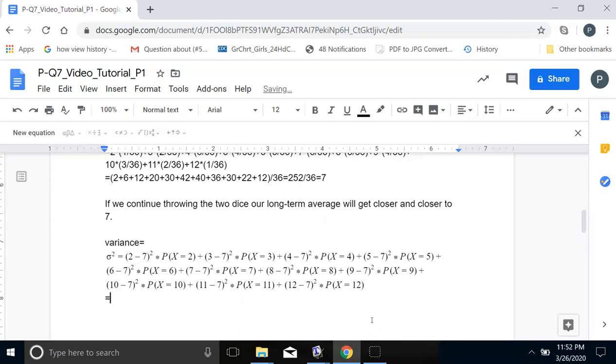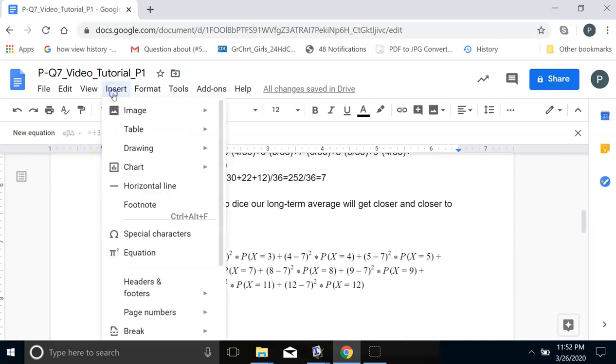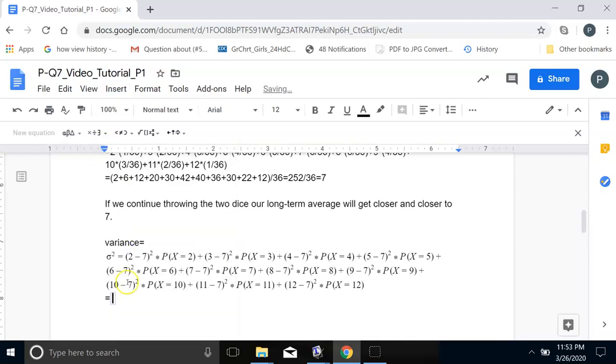This then will equal, the first one here is 2 minus 7, so negative 5 squared, times the probability X is 2, which is 1 over 36, plus.